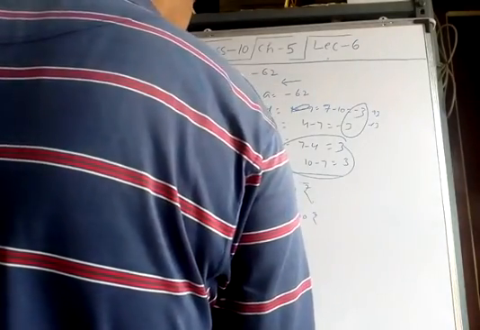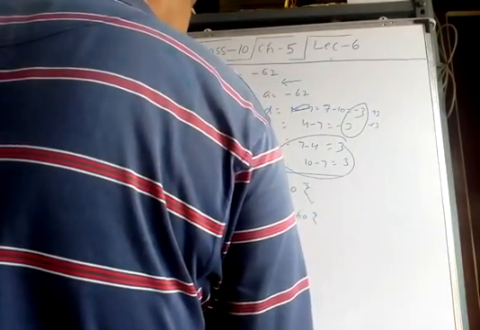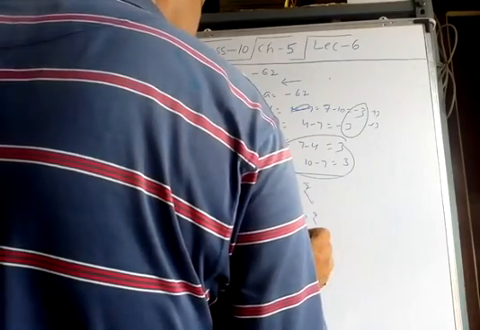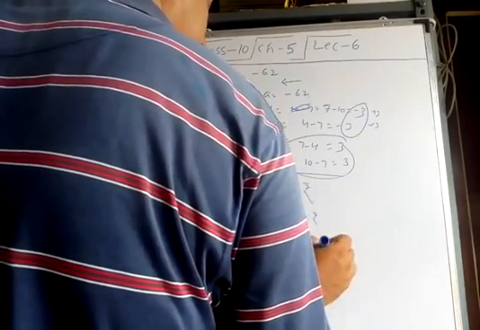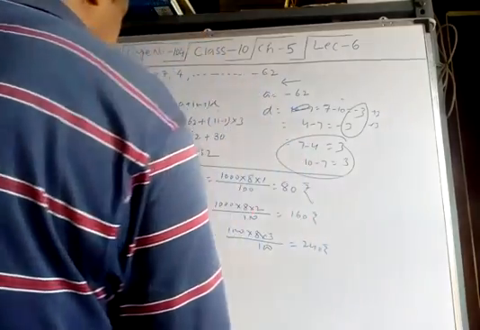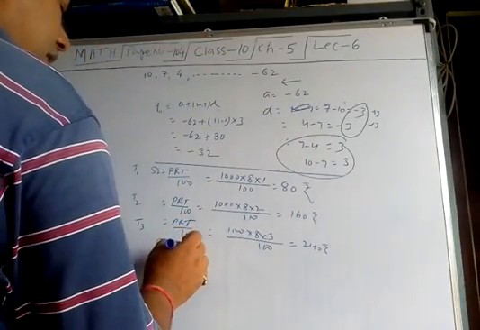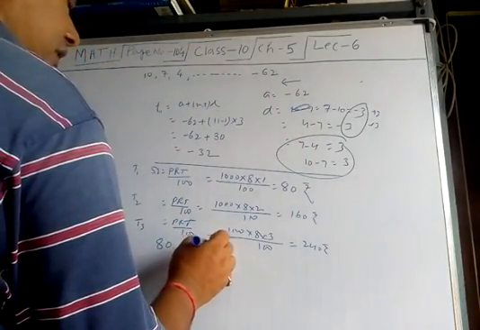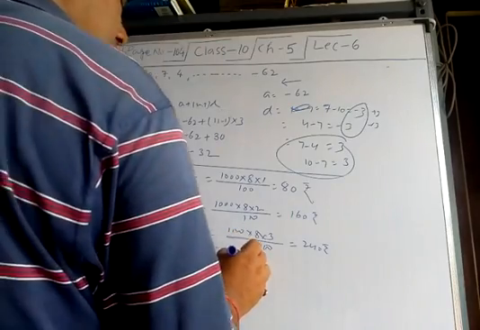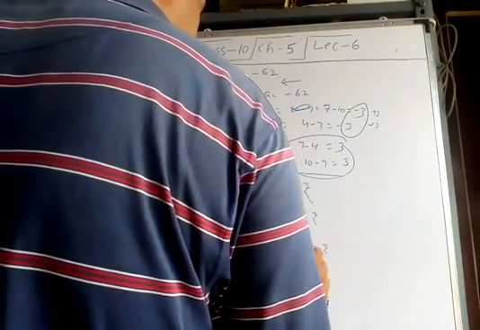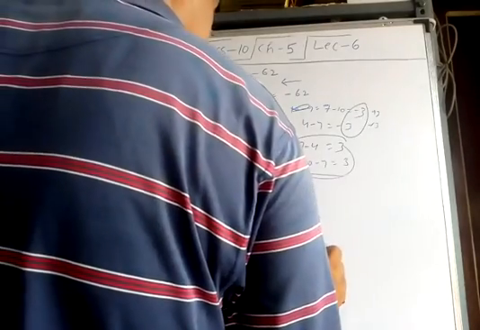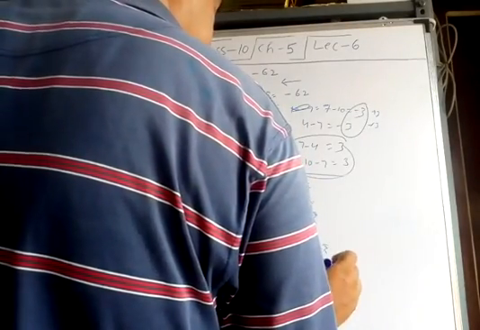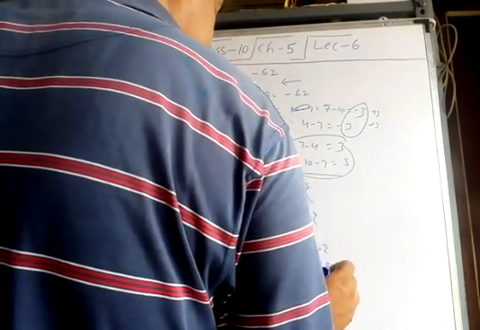Then this is 1000 into 8 into 3 by 100 and that is 240. So you can see here the first term is 80, then the second term is 160 and the third term is 240 and so on, and the common difference is 80 rupees. First term is equal to 80 and the common difference is 80.